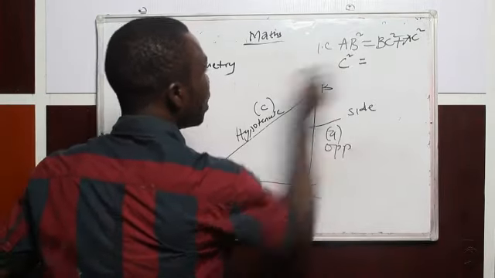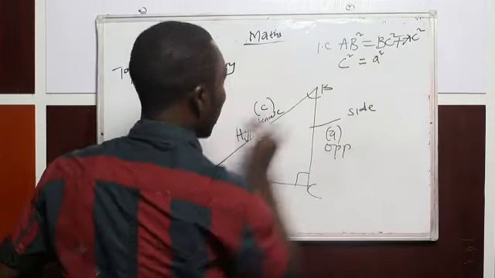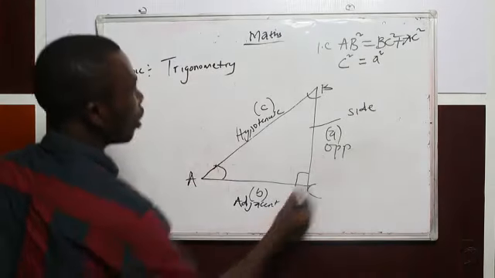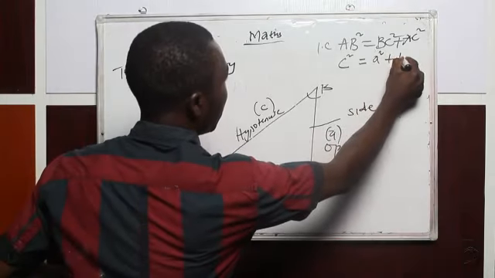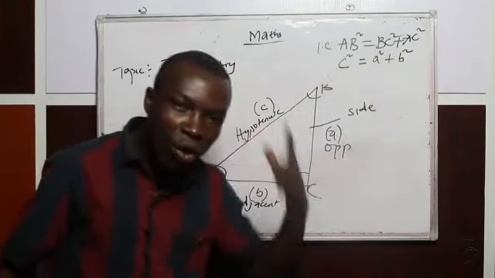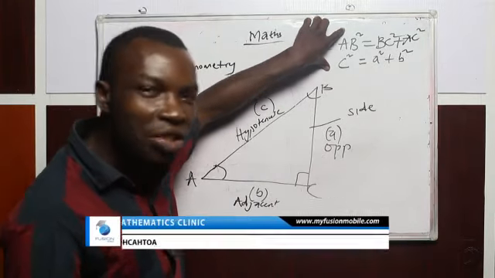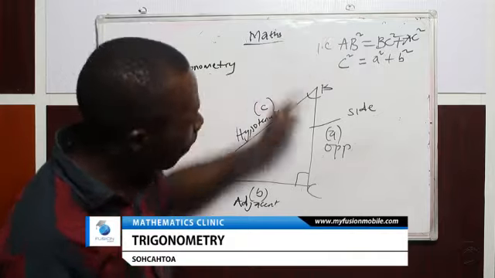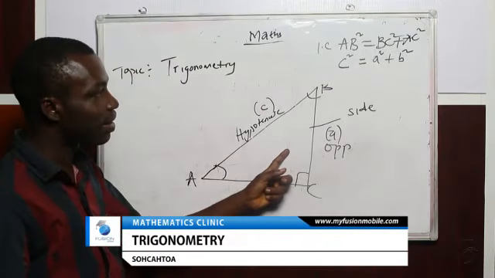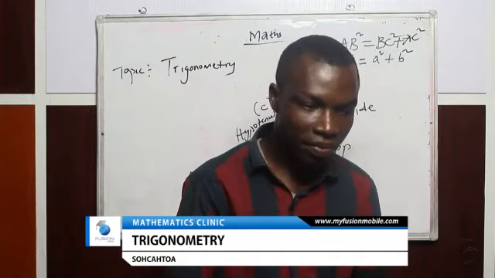BC square is equal to a square, then AC square is b square. Therefore, we call it Pythagoras theorem, and this theory helps us to compute the sides of any right angle triangle.